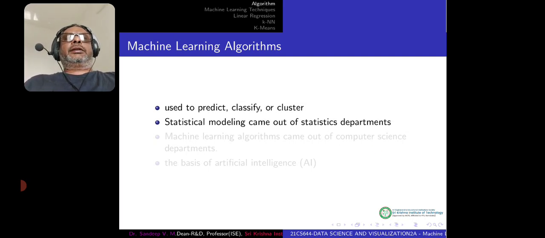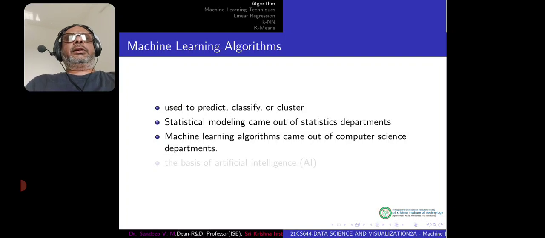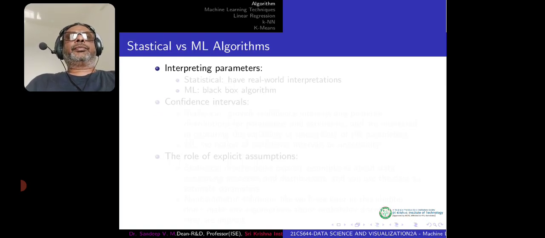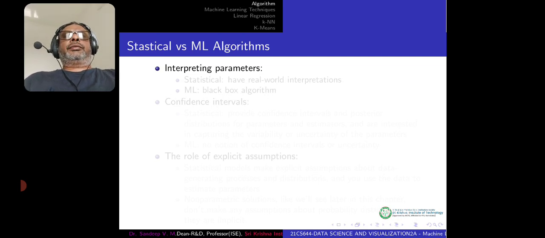Statistical modeling came from the statistics department. Machine learning algorithms came out of computer science departments. They are the basis of artificial intelligence. Let's see the difference between the statistical and machine learning algorithms.